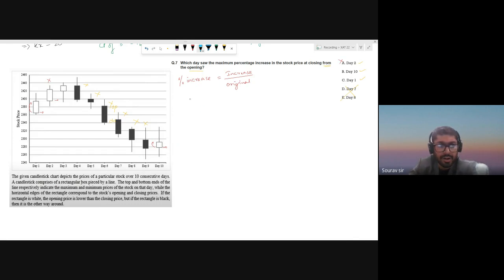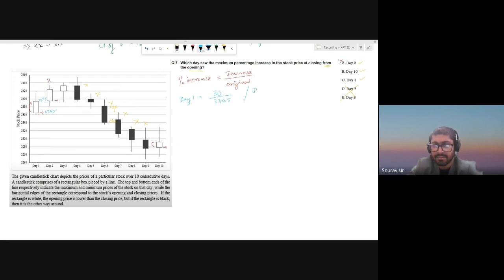So for day 1, you're going to have the value as 2365, this one, and this will be nearly 2395. So your change will be 30, into 100%. Since we are comparing percentages, you don't need to use the percentage sign.